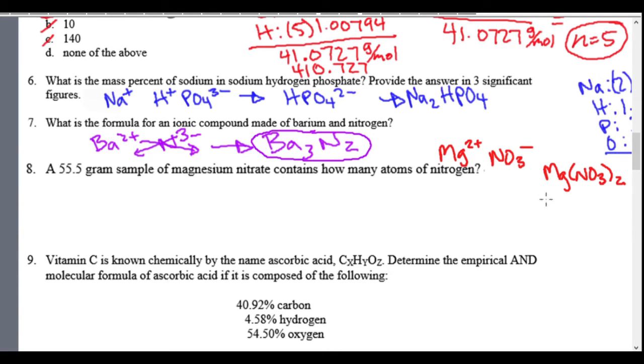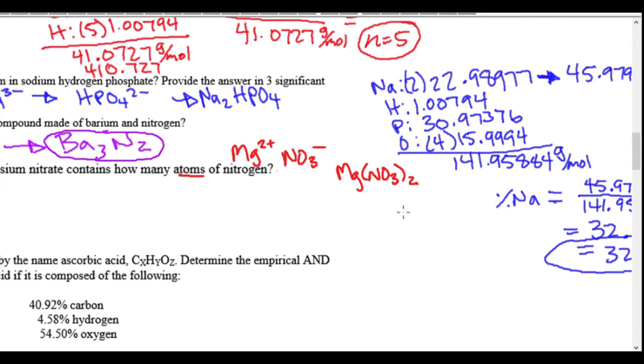So we need to find the molar mass of this as well, because we're talking about this size of a sample, and we want to turn it into atoms. So we need a conversion factor here. So when we do that, let's go ahead and move off to the side a little bit. Mg is, nitrogen is going to be 2 times 14.007.